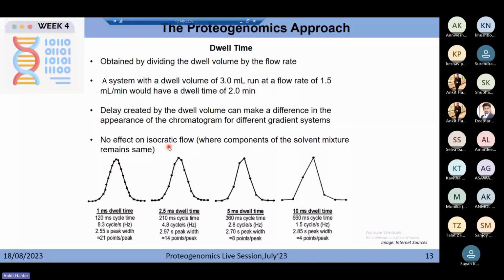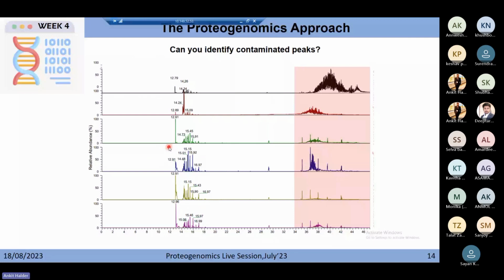This is another concept which helps you in understanding that there are some issues or errors with the chromatogram or the change in the gradients, or in identifying certain characteristics of the peptides.